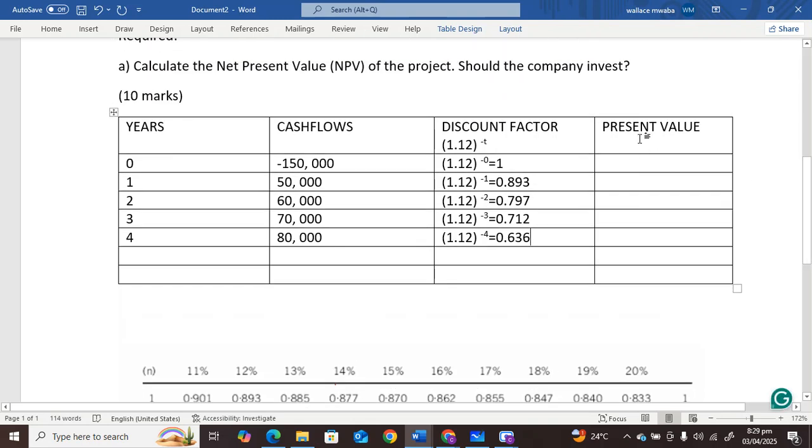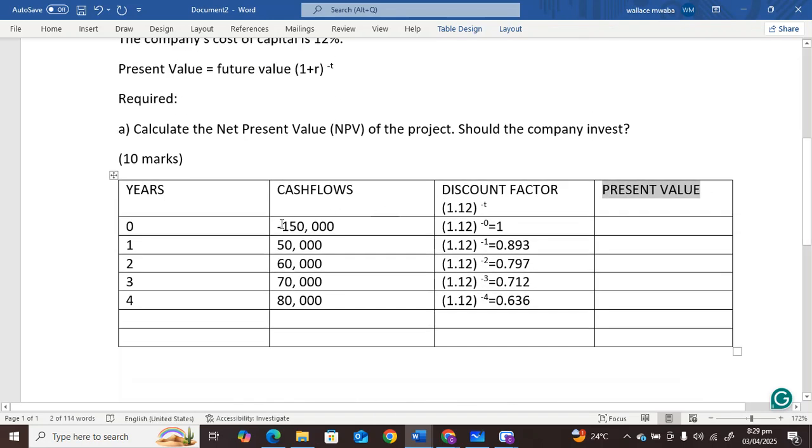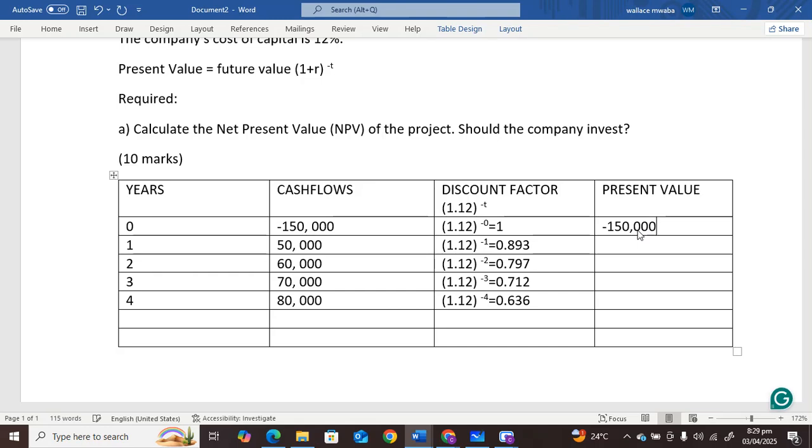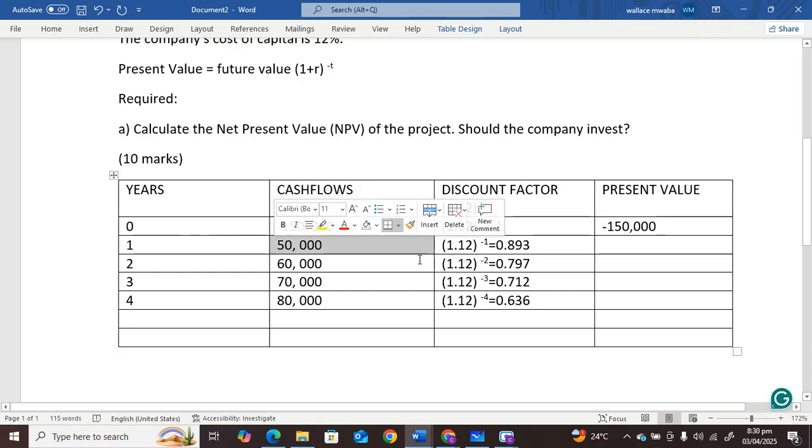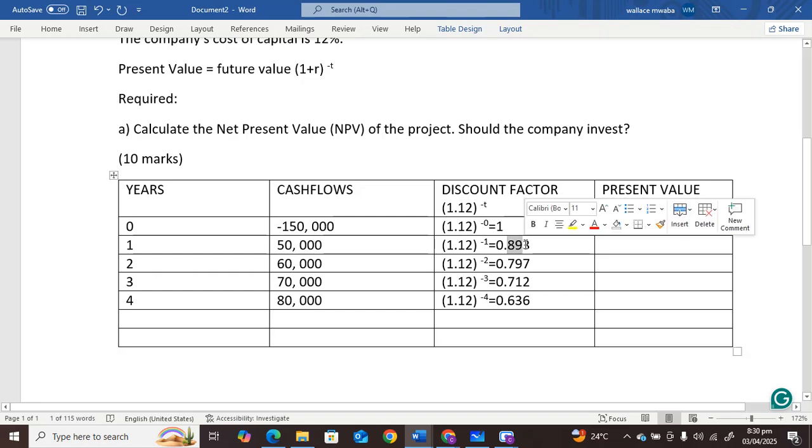So colleagues, to get our present value, it's just the cash flows times the discount factors. So year 0, negative 150,000 times 1, negative 150,000. Year 1, 50,000 times 0.893. Let's get our calculators. What is 50,000 times 0.893?